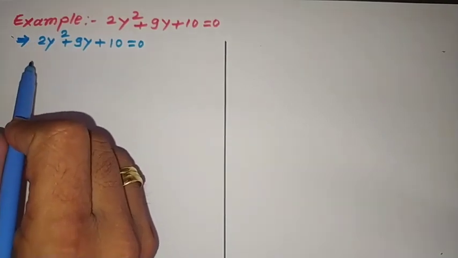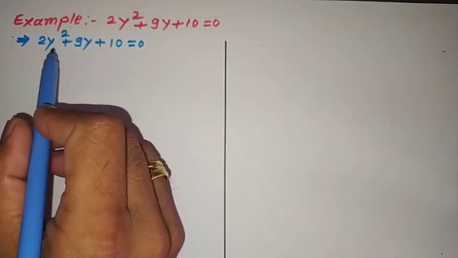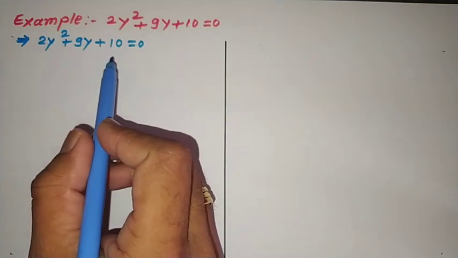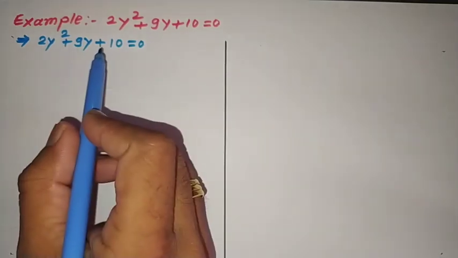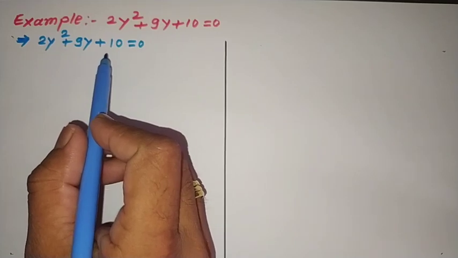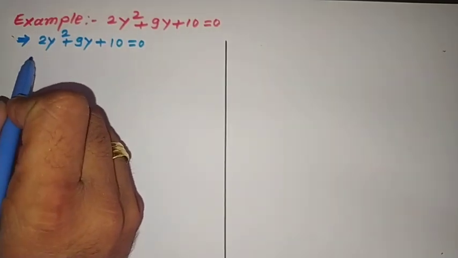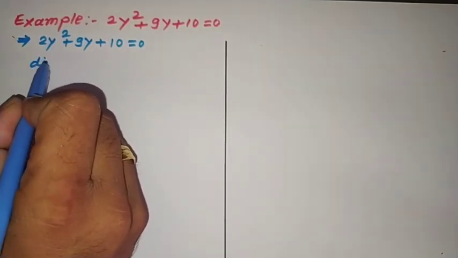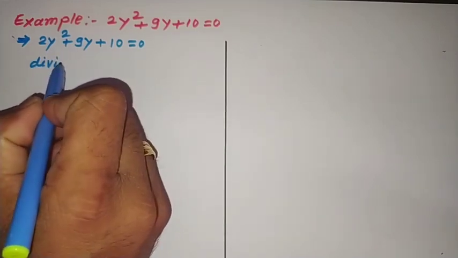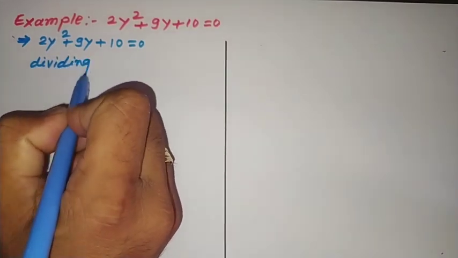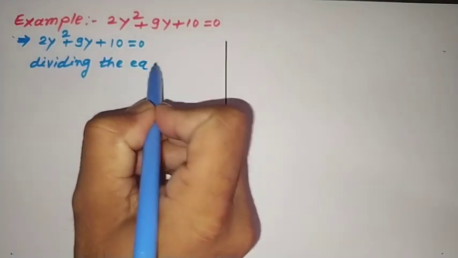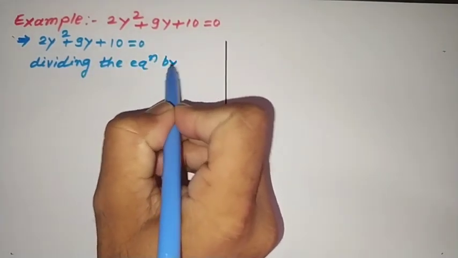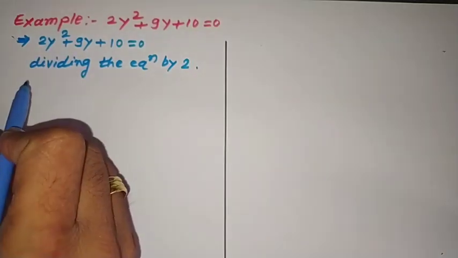It is convenient to make the coefficient of y square as 1 and then convert the equation as the difference of two squares. So divide the equation by 2.